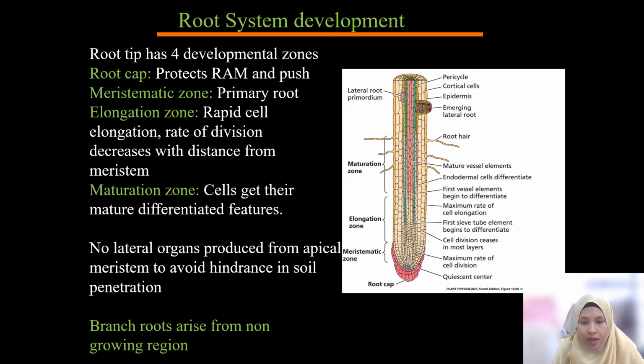And then behind the meristematic zone tu dia ada elongation zone. So elongation zone dekat sini lah, dia akan elongate dia punya cells, and then it is being helped by the division rate dekat meristematic zone tu, and then it will push through the root cap. And the last one, so this is the maturation zone.